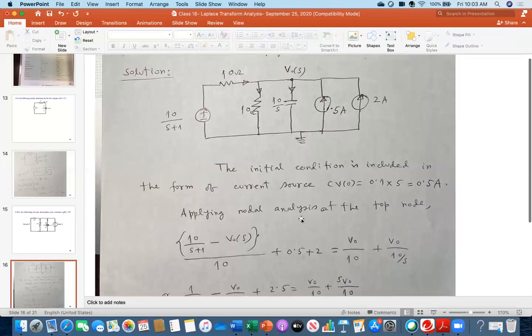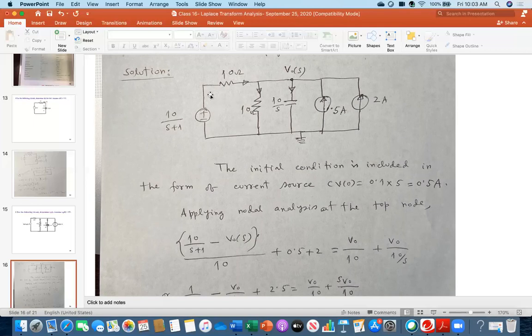That's why I am simplifying. I want to apply nodal analysis at the top node. So here I have assumed that this point voltage is V naught. Now what I am doing is applying Kirchhoff's current law: current entering here and current leaving there.